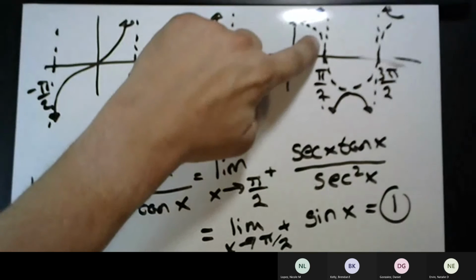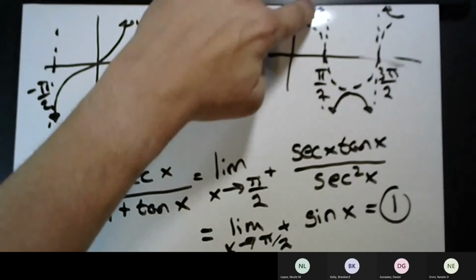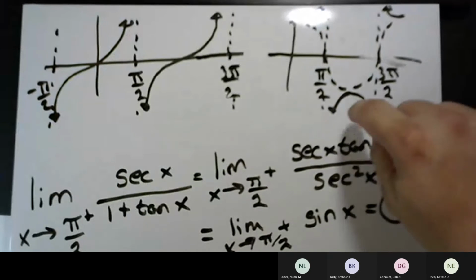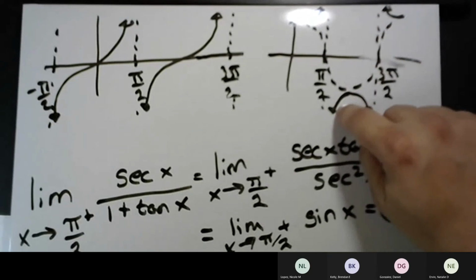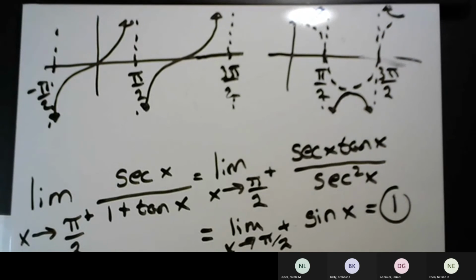We approach from the left, positive infinite limit, approach from the right, negative infinite limit.